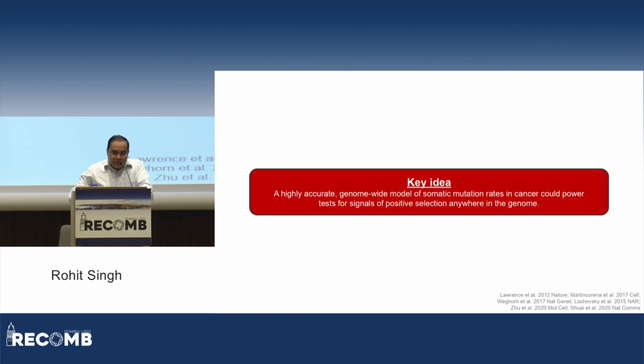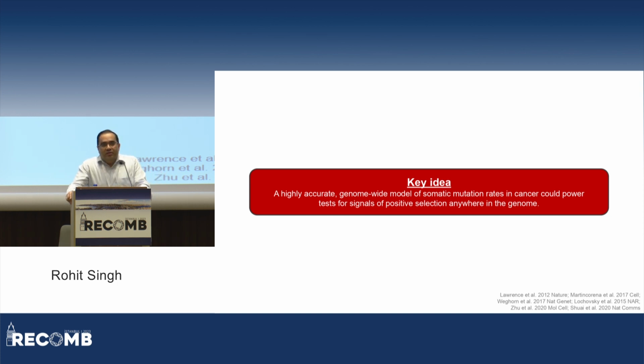So that is the key idea of this work. They present a highly accurate genome-wide model of somatic mutation rates. You can use this model to then do a test for signals of positive selection in cancer and see, okay, what are the rare driver mutations that might have been missed.